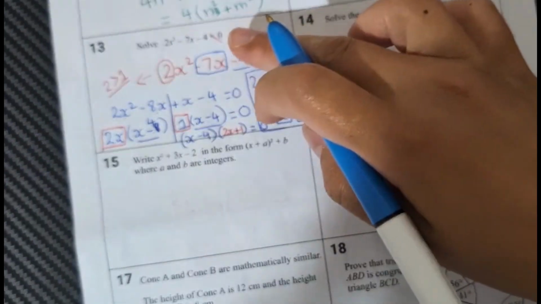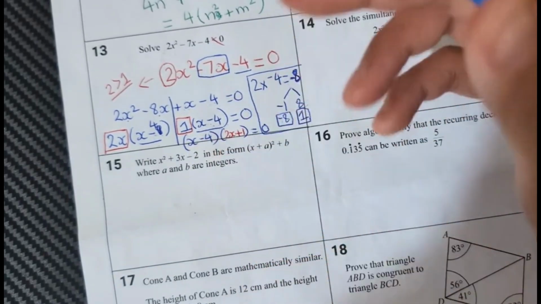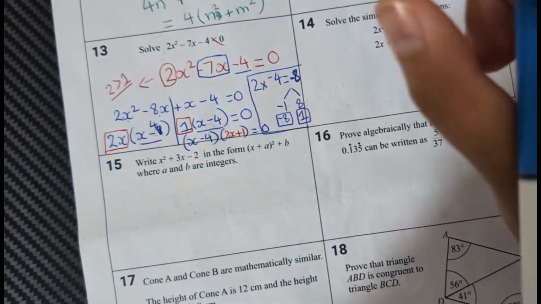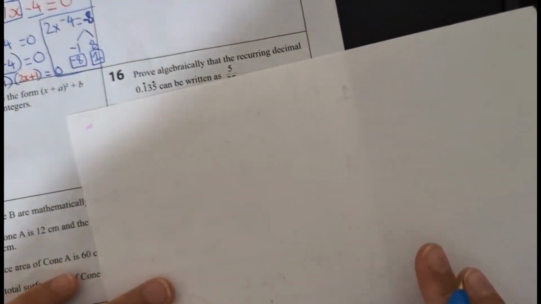But they've told us to solve it, so that means they want actually what x is equal to, not just the factorized form. So I'm going to show you here actually the rest of the question on this piece of paper. Question 13. So we got to this bit.